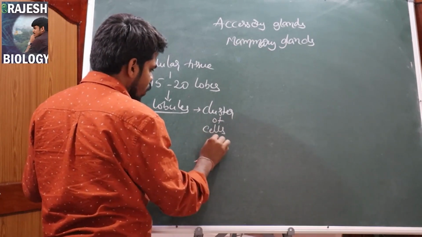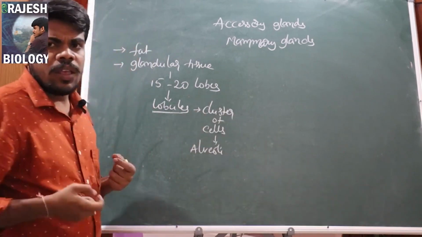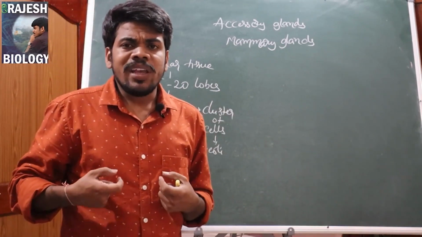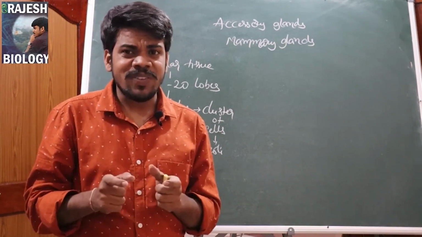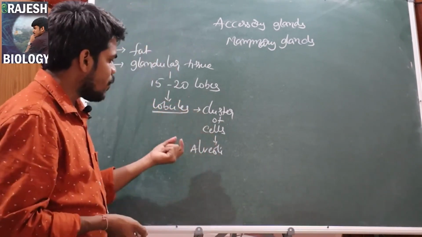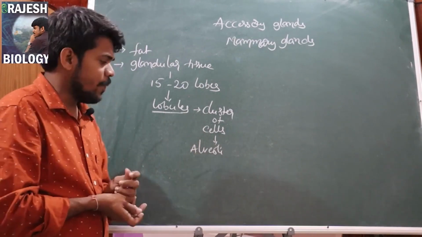called alveoli. We use the word alveoli in lungs, as that type of sac-like structure is present in the mammary gland also. That's why we use the word alveoli.